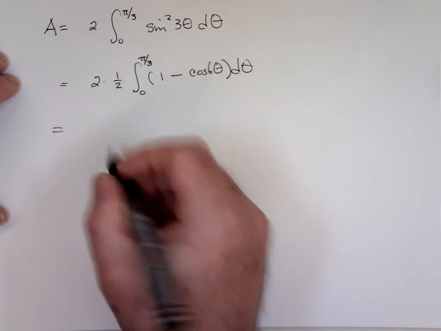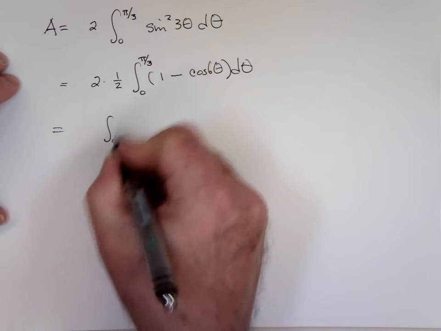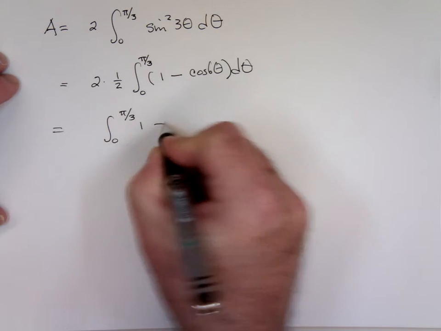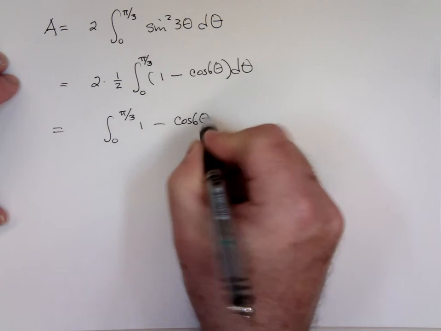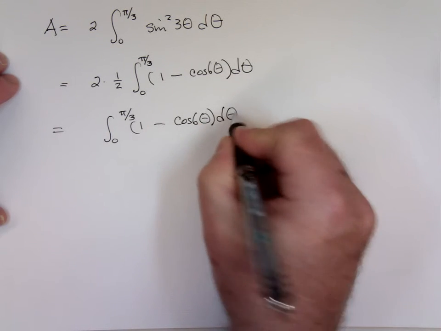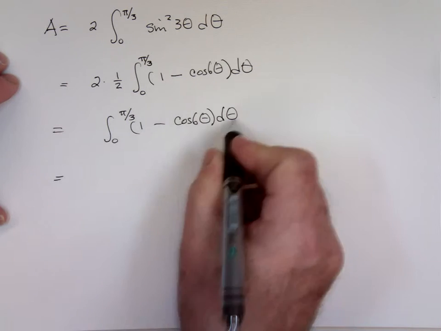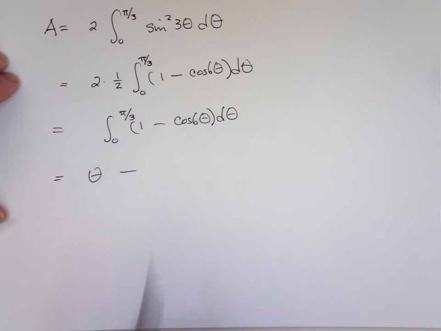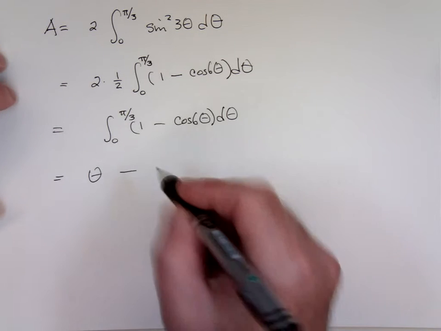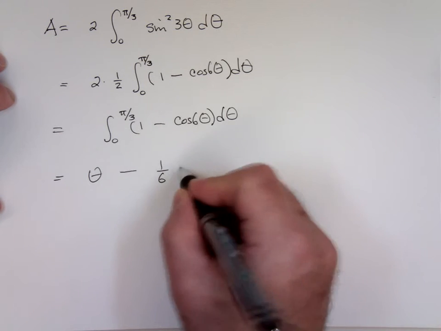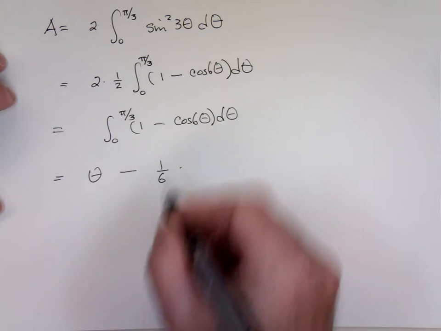These cancel, so you get the integral from 0 to pi over 3 of 1 minus cosine 6 theta. And we can integrate this. The integral of 1 d theta is theta. How do you integrate cosine 6 theta? Let u be 6 theta, du is 6 d theta, multiplied by 6 and by 1/6. The integral of cosine u is sine.